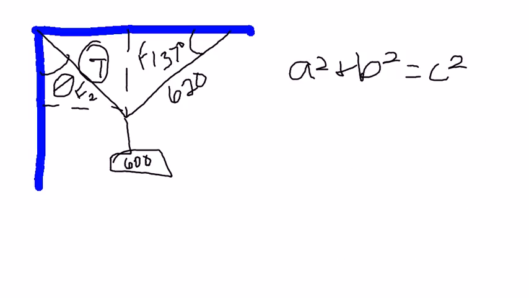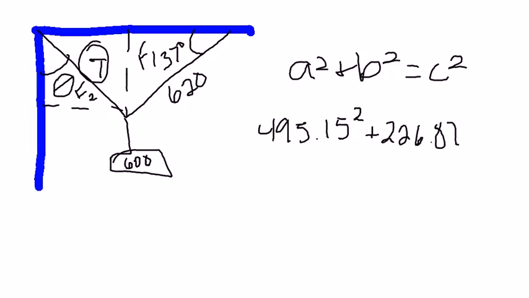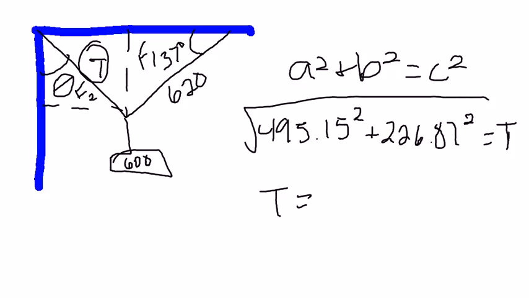So a squared is 495.15 squared, plus b squared, which is 226.87 squared, and we square root that so we can find T. We end up finding that T is equal to 544.65 newtons.